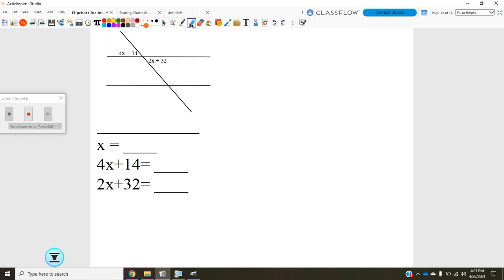In this next diagram, 4x plus 14 is an acute angle, and 2x plus 32 is also an acute angle. So because they're the same type of angle, then they are equal to each other. So I'm going to set this equation up a little bit differently. It doesn't add to anything, it equals.